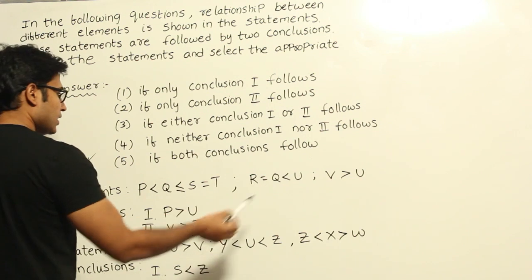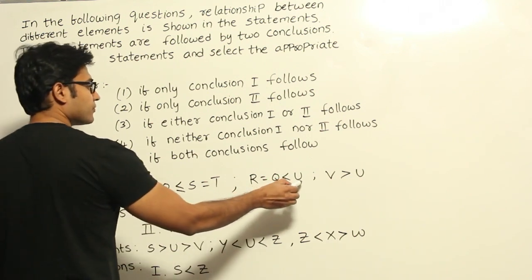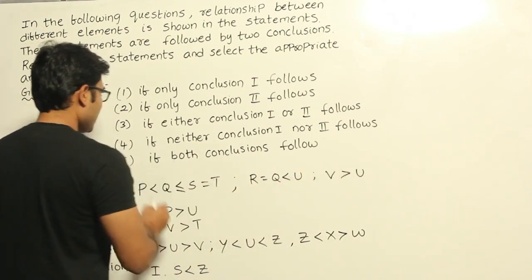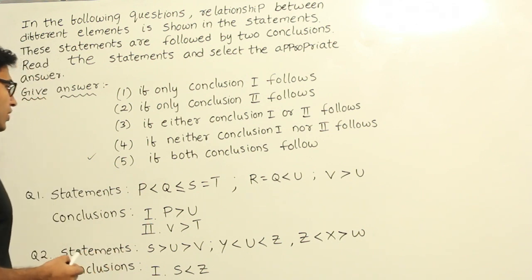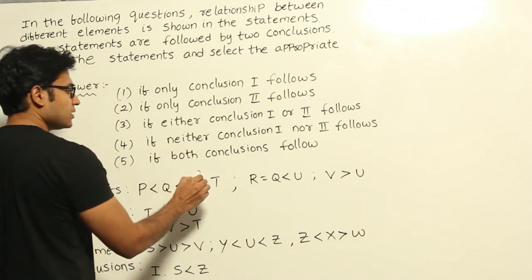If you observe it, U is here, and P is here. So if you want to find out the relationship between P and U, it is better to take these two statements.